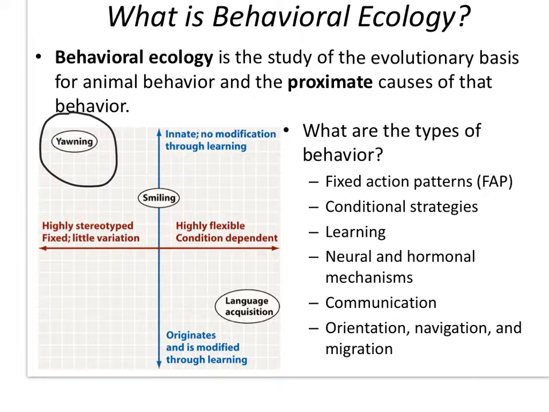That's an innate behavior. There are also behaviors that are highly modified. In other words, they're affected by the environment and learning, let's say. Now, it doesn't necessarily have to be conscious learning.